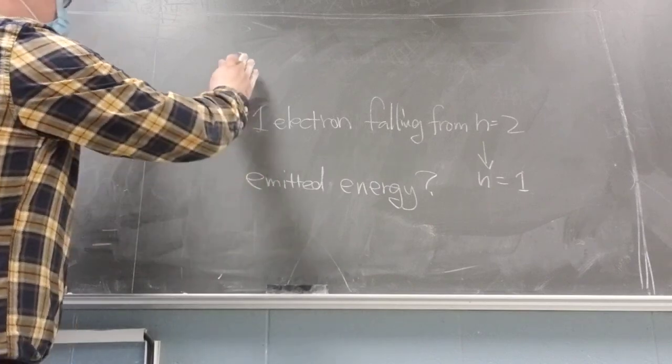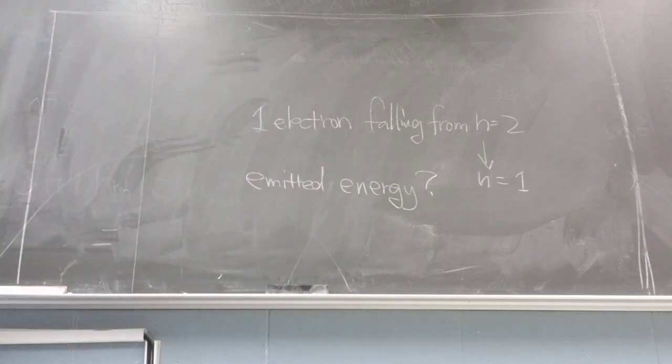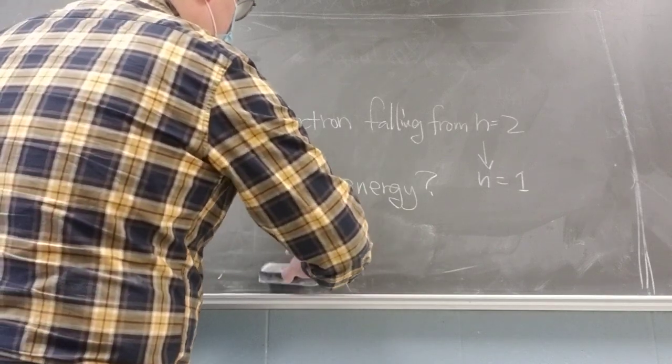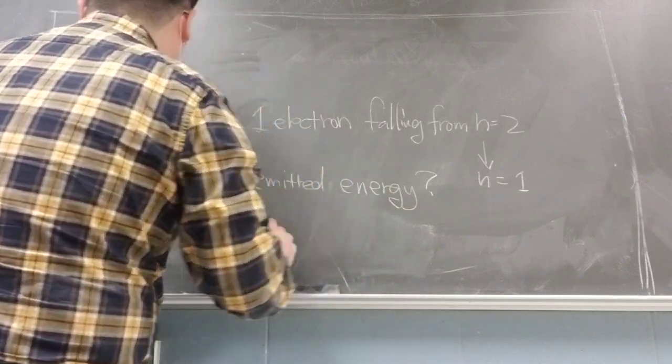So one might ask for the energy for one electron coming from the n=2 energy level to ground state energy level 1. Okay. So here's the thing.